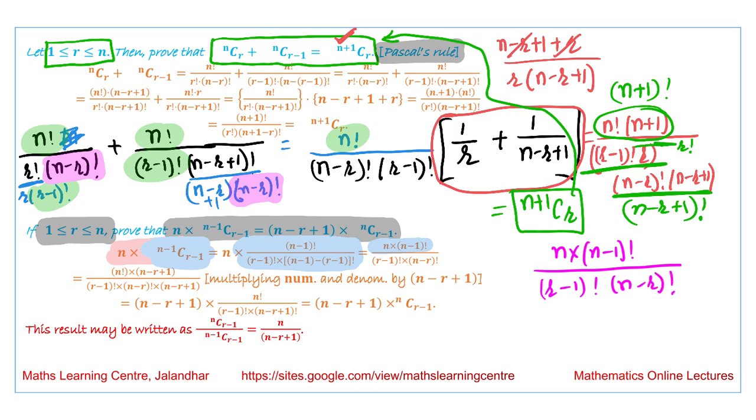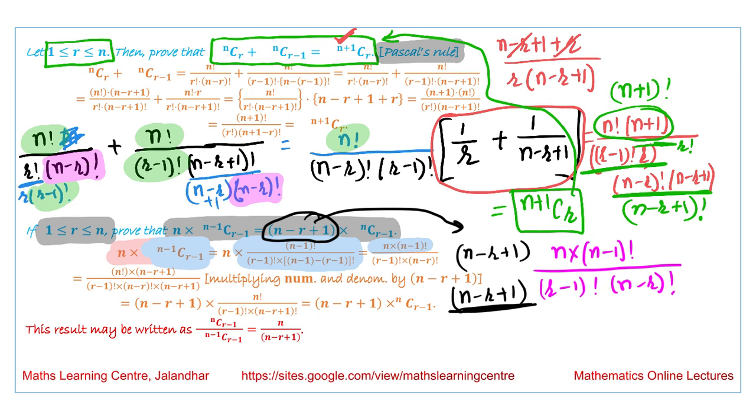Now look at the answer that we require. It has the value (n minus r plus 1) in the numerator. So we multiply this term by (n minus r plus 1) and divide by (n minus r plus 1). The product of these two terms gives (n minus r plus 1) factorial, and the product of these two terms gives n factorial.